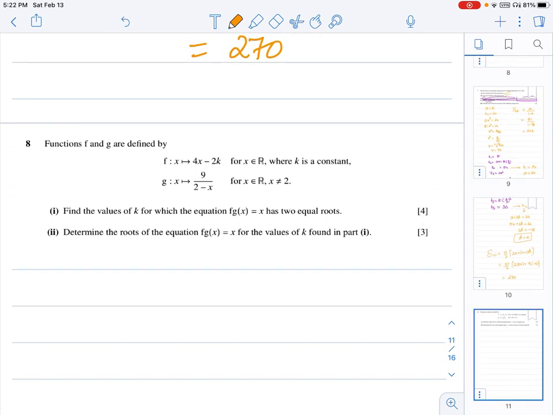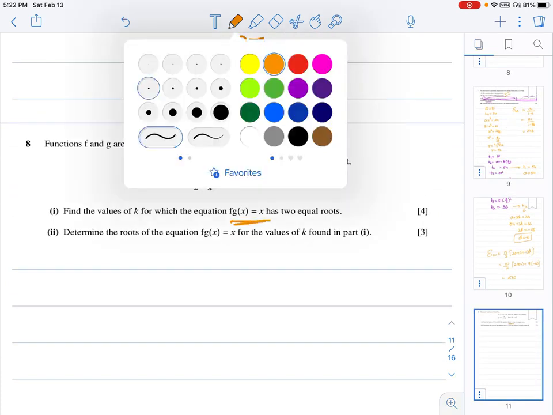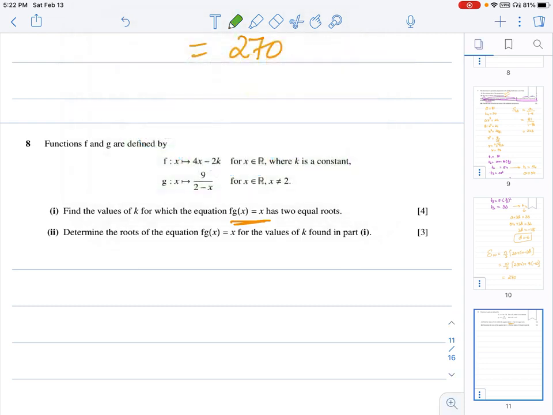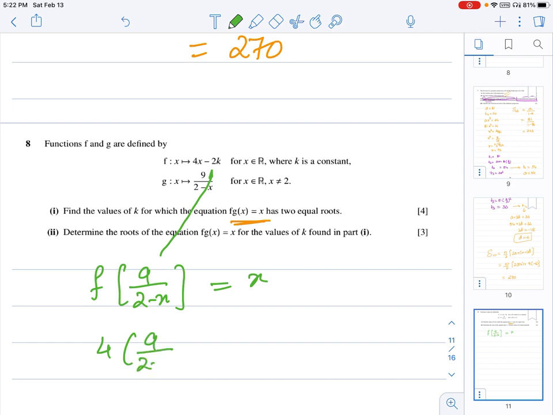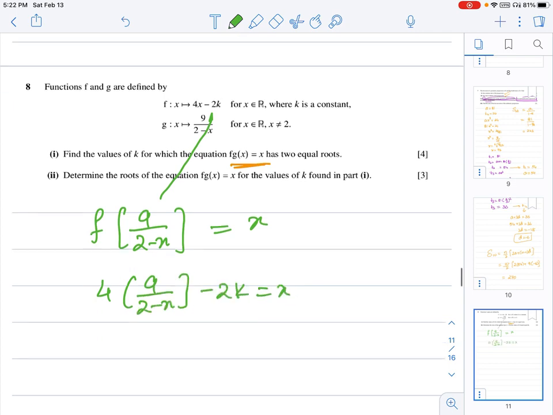Next question. The functions f and g are given. Find the value of k for which f of g of x is equal to x. g of x is 9 upon 2 minus x, so f of g of x should be equal to x. Substitute this into f: 4 times 9 upon 2 minus x minus 2k is equal to x.